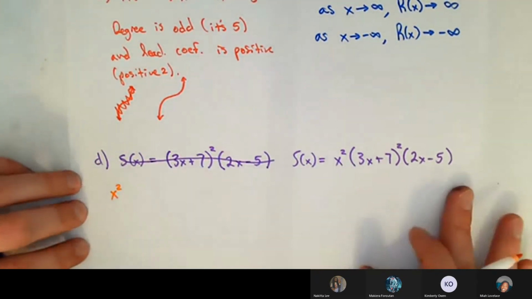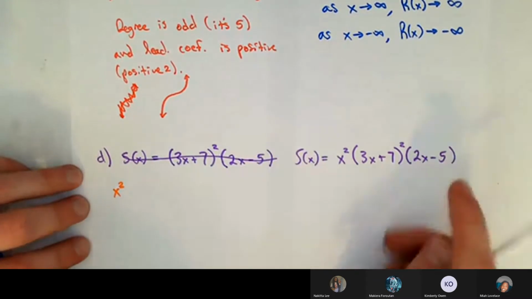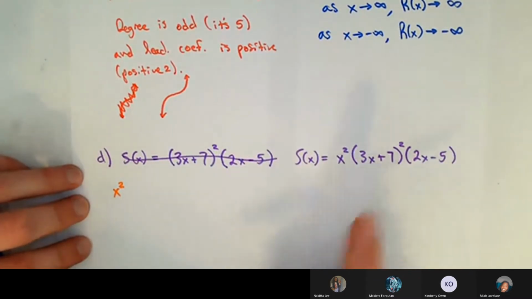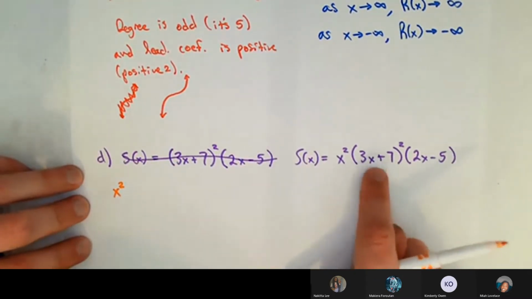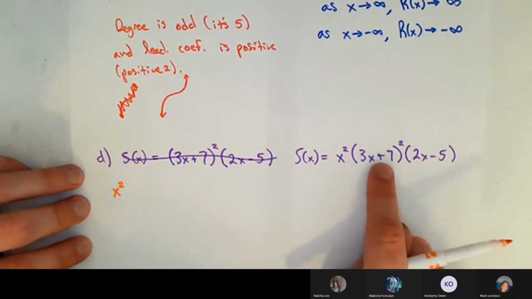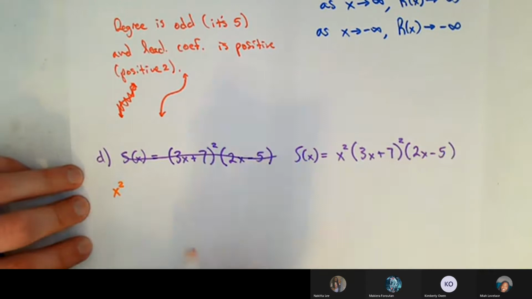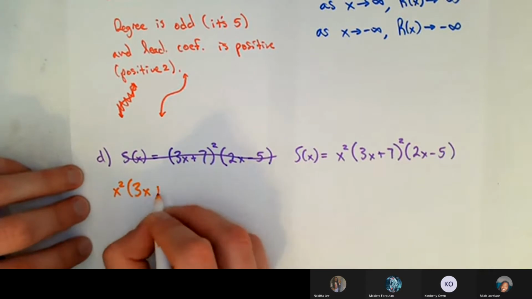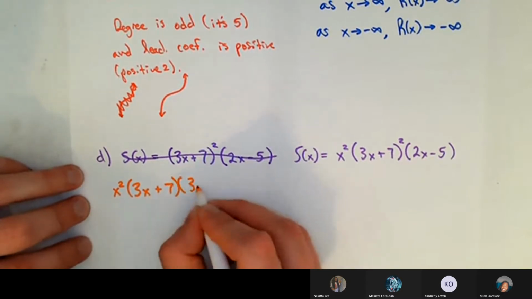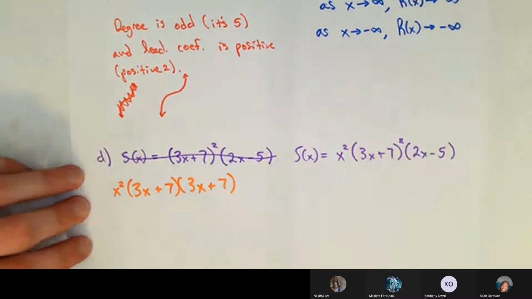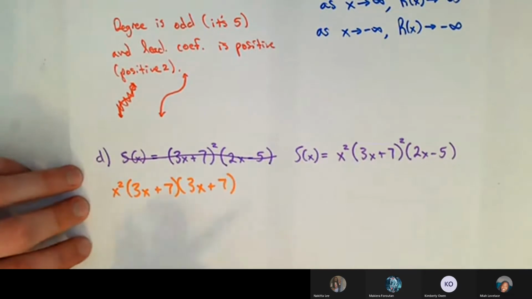You do sort of unpack it. What I mean by that is anything like this that's some binomial with an exponent on it, you'll want to unpack that. So I know 3x plus 7 squared is the same as 3x plus 7 times 3x plus 7.